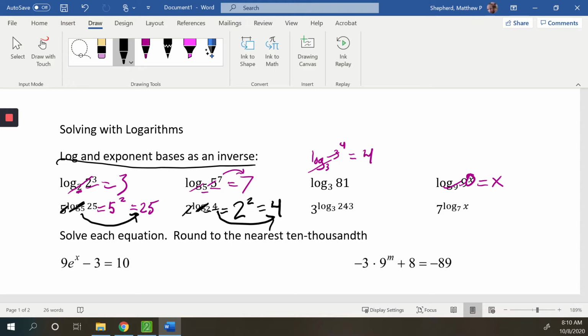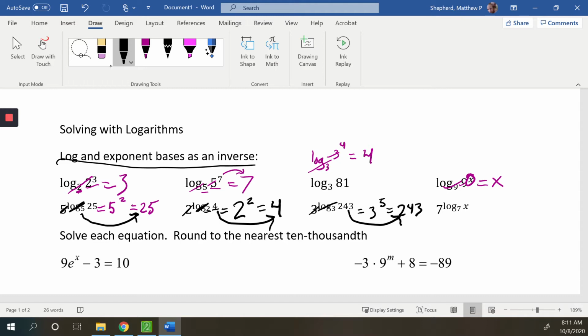Well, that would be 5. So then we'd get 3 to the power of 5, which is then equal to 243. The base and the log eliminated, and we just got that exponent.